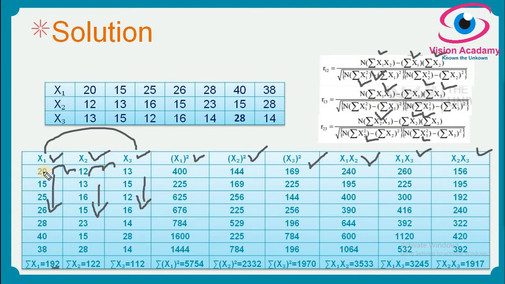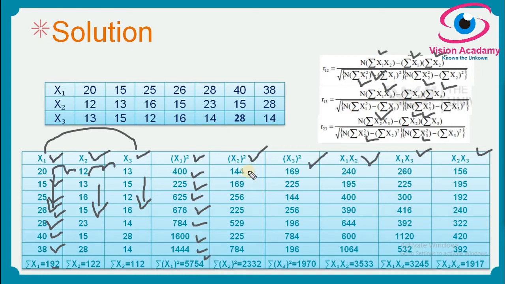The first variable is squared, which means 20 into 20 is 400, 15 into 15 is 225, 25 into 25 is 625, 26 into 26 is 676, 28 into 28 is 784, 40 into 40 is 1600, 38 into 38 is 1444. So the summation of these is 5754.